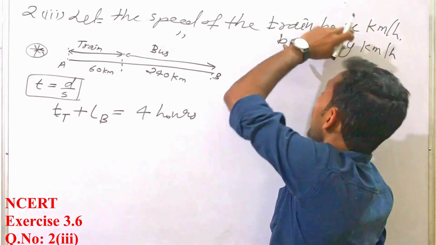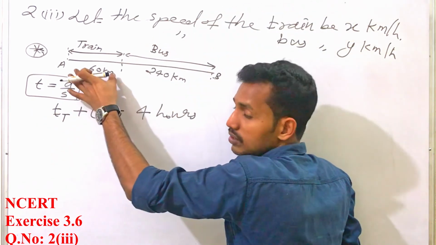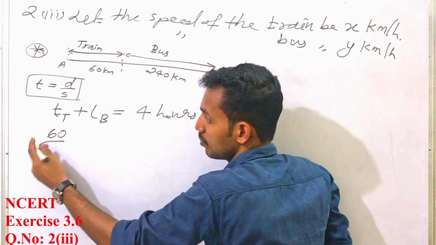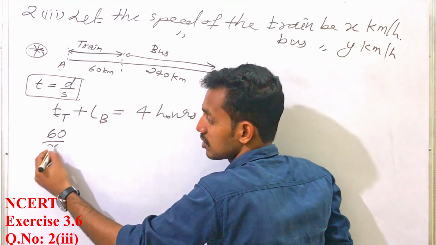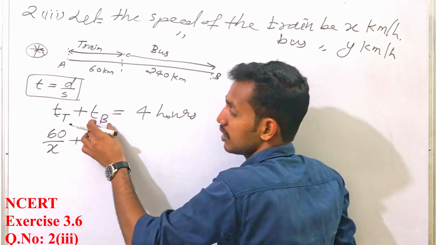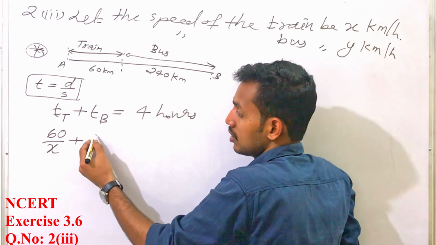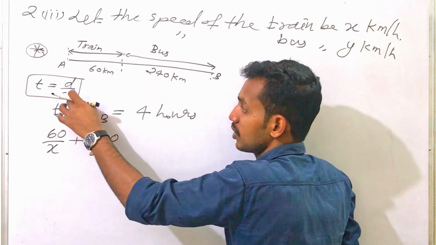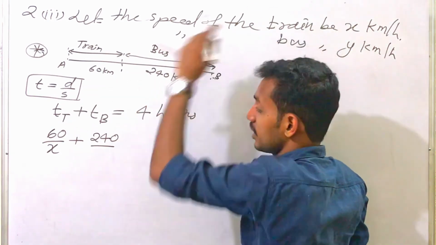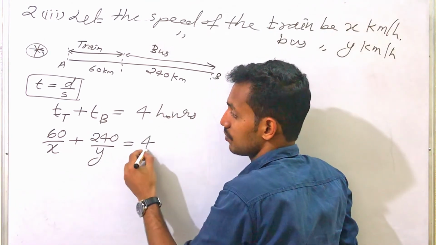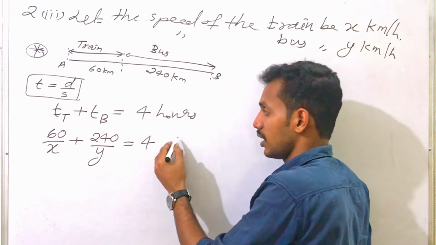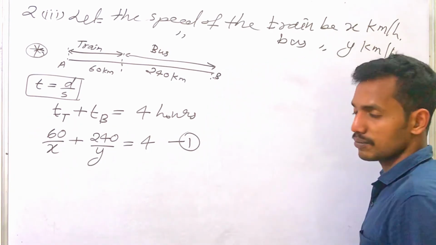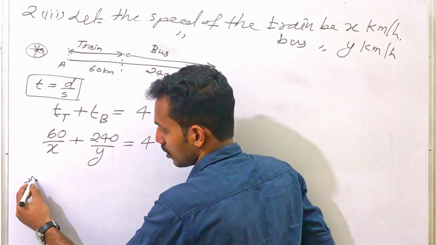It will be the distance traveled in train, that is 60 divided by the speed of the train, x, plus the time taken by the bus. It will be the distance traveled in bus, that is 240 divided by the speed of the bus, y kilometer per hour, which is equal to 4. Clear? Equation number 1. You can simplify, cancel by 4 also. That is enough. Now come to the second case.